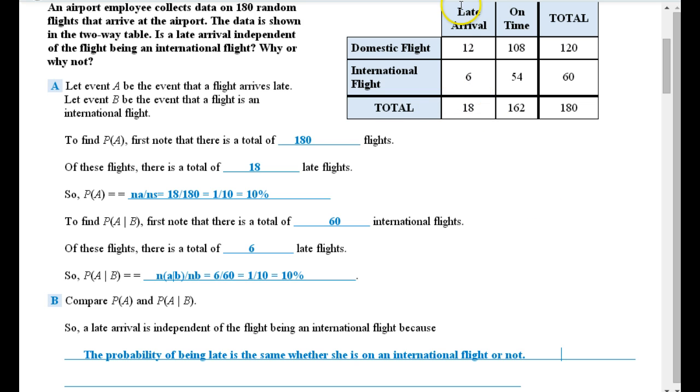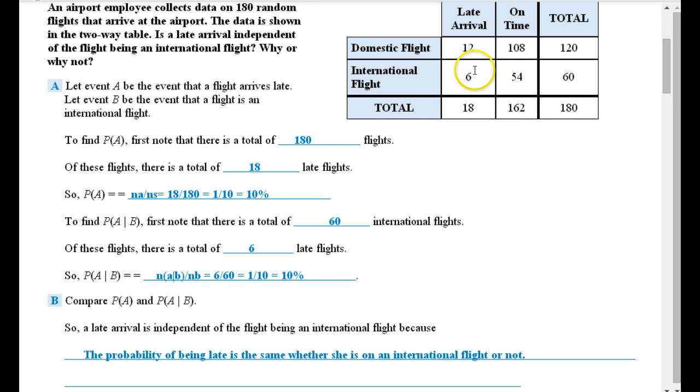Now, given A, let's say it was a late arrival. What is the probability that it was an international flight if we know she was late? Well, we say, gosh, she was on a late flight, must have been international. Well, let's check. International flights are 6 out of the total 18 late flights. So the probability that it was international given late is 6 over 18, which also is 1 over 3.